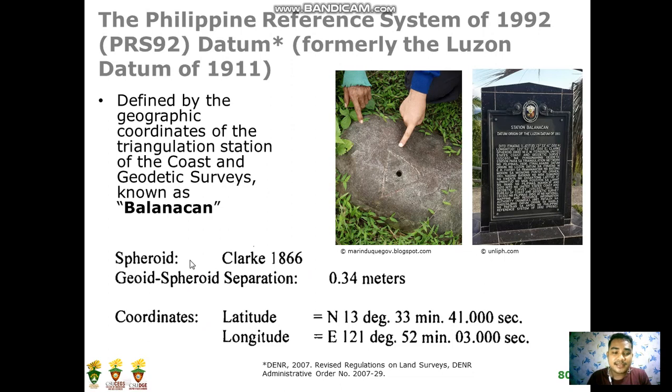Si Balanakan Station or si PRS 92 datum, iyang spheroid or iyang ellipsoid is si Clark 1866, and ang geoid spheroid separation is 0.34, and mao ni iyang coordinates nga N north 13 degrees 33 minutes 41 seconds, and si longitude niya east 121 degrees 52 minutes 003 seconds.